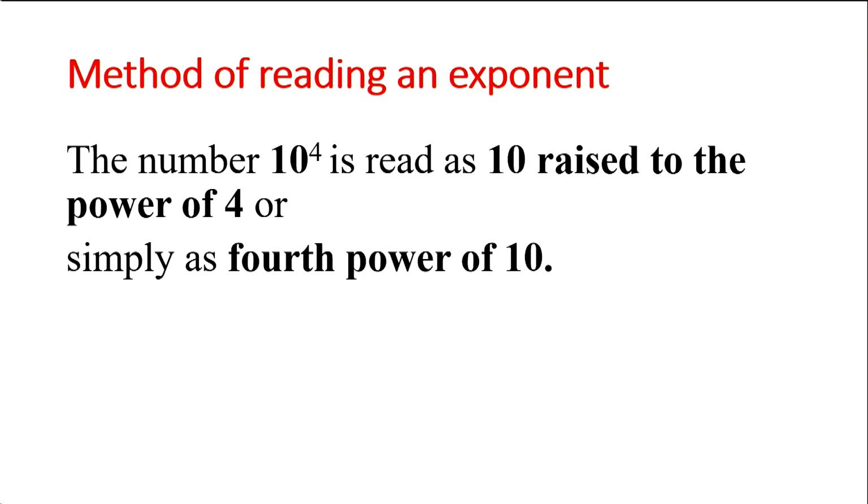The exponent 10 to the power of 4 is read as 10 raised to the power of 4. Can you repeat again? 10 to the power of 4 is read as 10 raised to the power of 4, or simply we can say 4th power of 10.